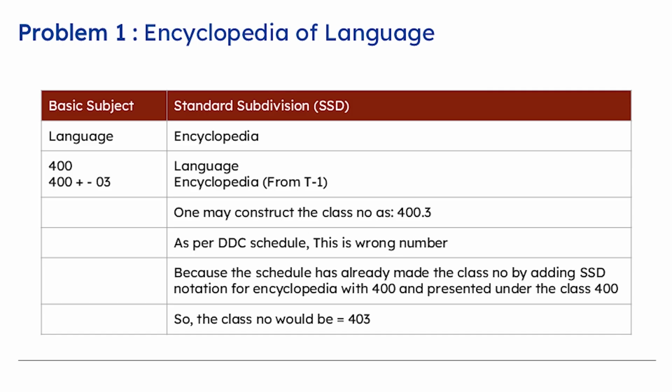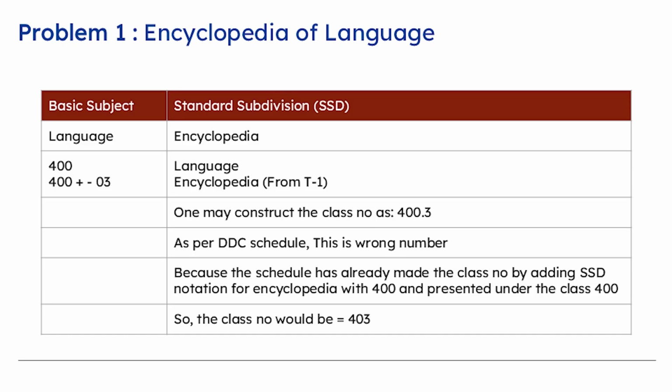So from this problem, we have learned that the main class number 400 is added with the main number of table 1, and as such the numbers are obtained: 401, 402, 403, 404, 405, 406, 407, 408.